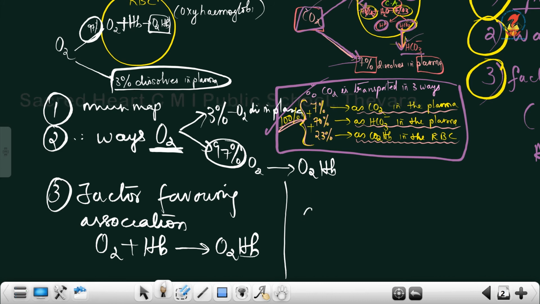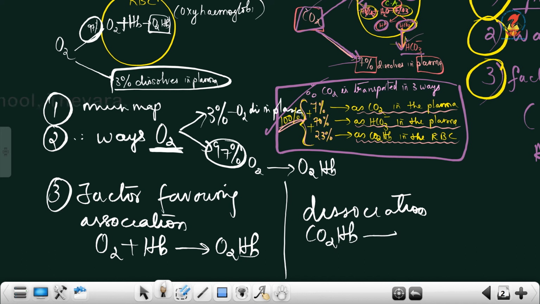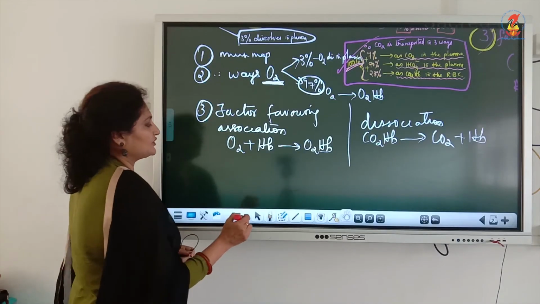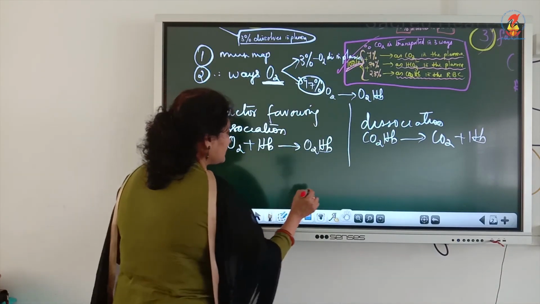Or in terms of dissociation. So in dissociation what you will say, this carbaminohemoglobin should get dissociated to form carbon dioxide and hemoglobin. So what are the factors and where does it occur? Remember, this occurs at the alveolus. There it was tissues, here it occurs at the alveolus.